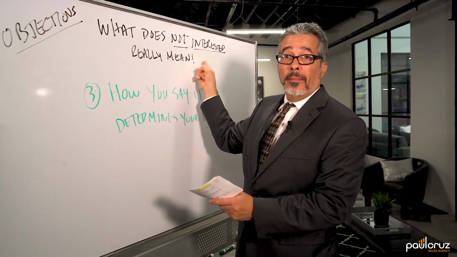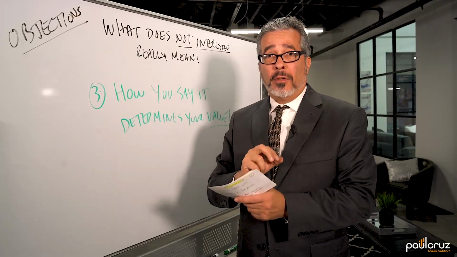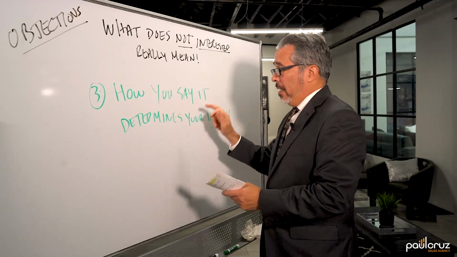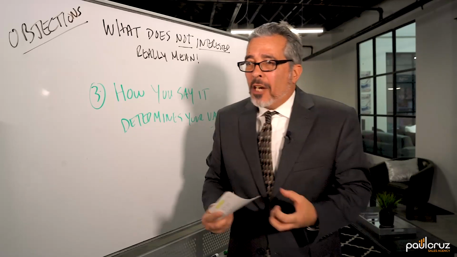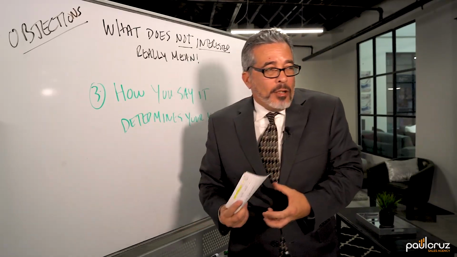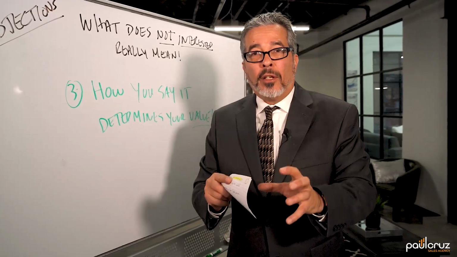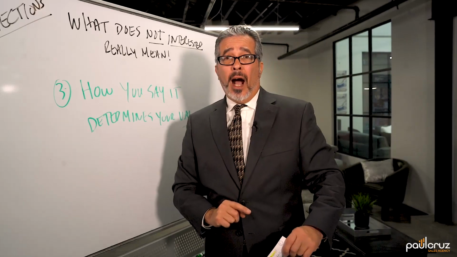That'll never come up. You have to show value, give value, offer value. You become priceless. How do you do that? How you say it determines your value. How you say what you say, how you say the rebuttal, how you say the introduction, everything determines your value. Everything determines whether they even dare say, I'm not interested.